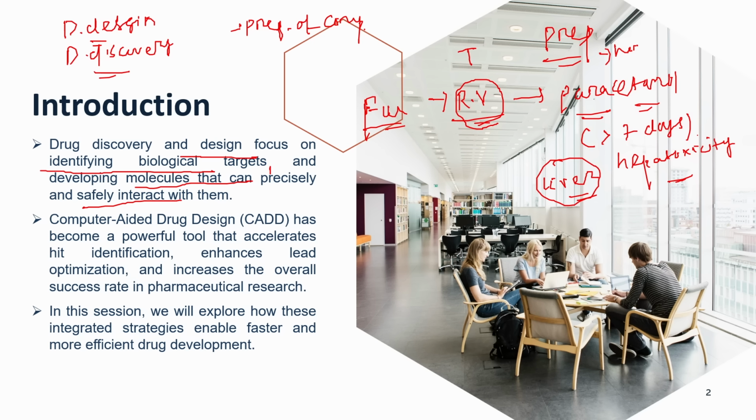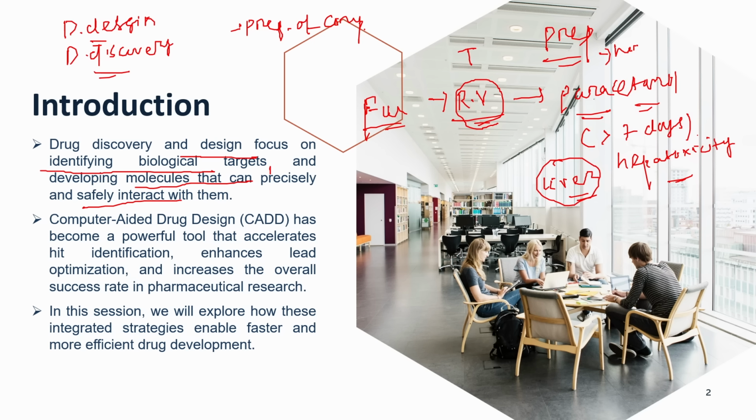So this is drug discovery, and this is drug design. We have to prepare a moiety or medicine. Every medicine has its own structure. Paracetamol has a structure, and we have to prepare one medicine that has a structure with a safe interaction with the receptor.